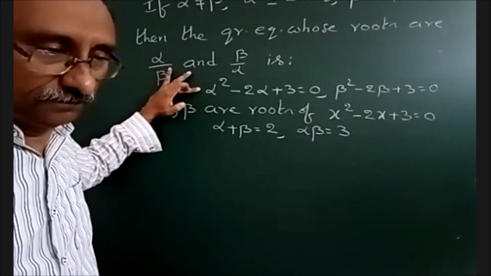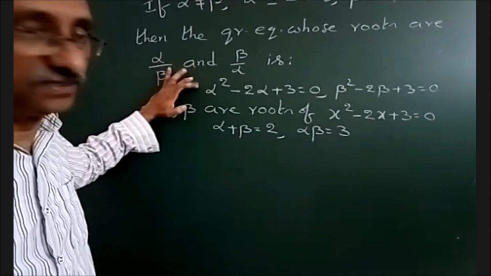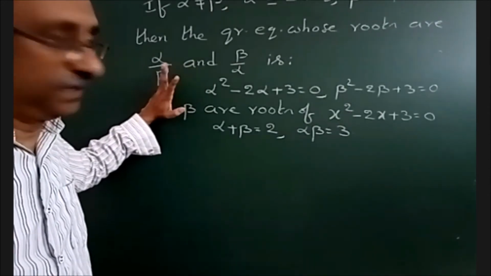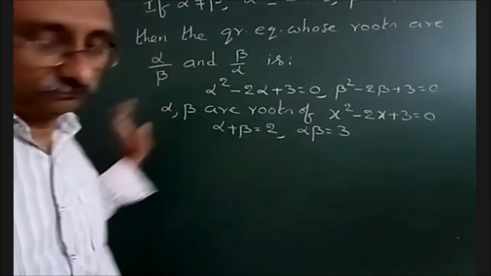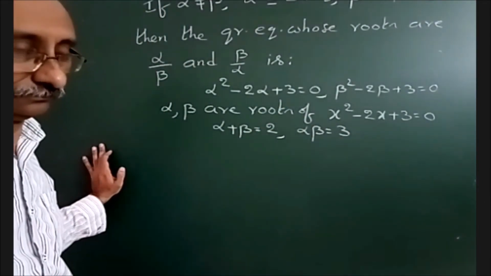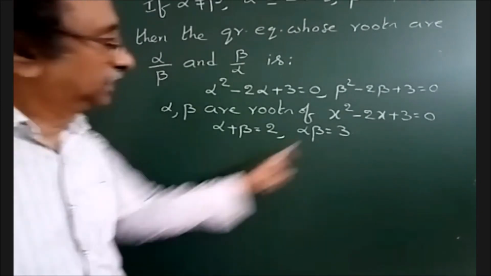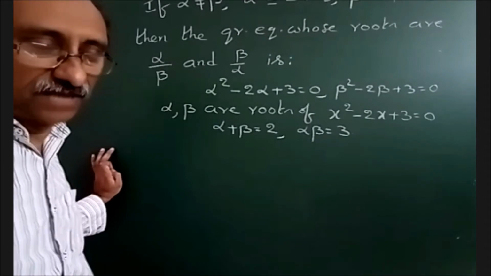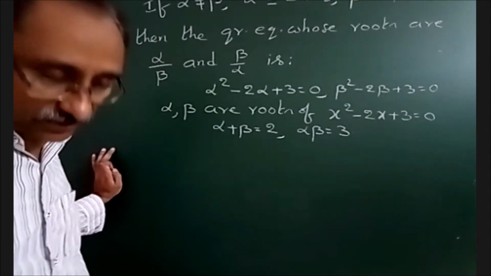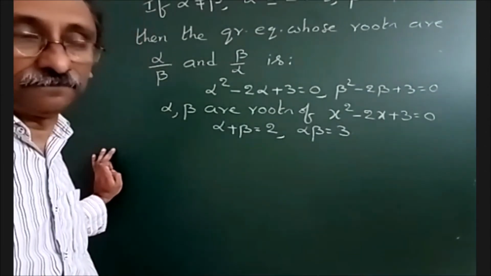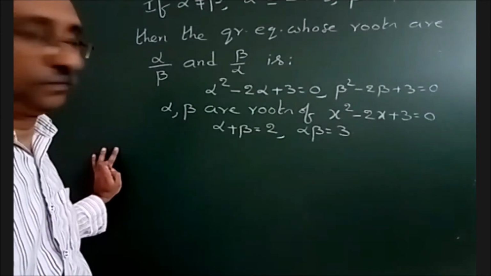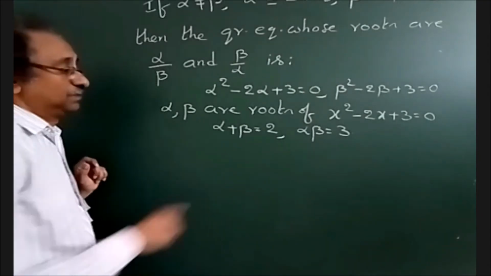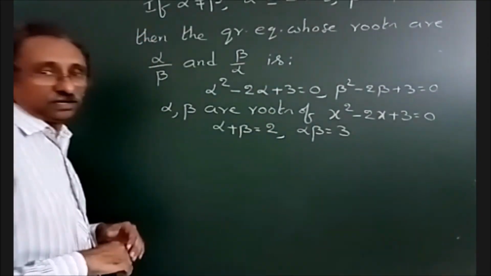Alpha square minus 2 alpha plus 3 is equal to 0. That means alpha satisfies this equation. Similarly, beta satisfies this equation. That means alpha, beta are roots of the equation, isn't it? Right. Now, sum of the roots and product of the roots I can write.